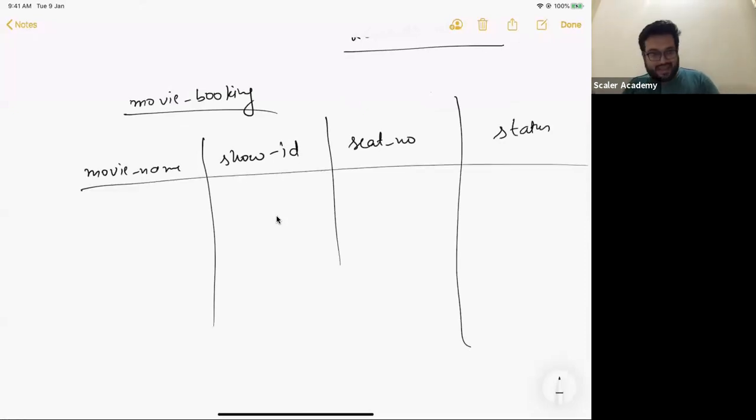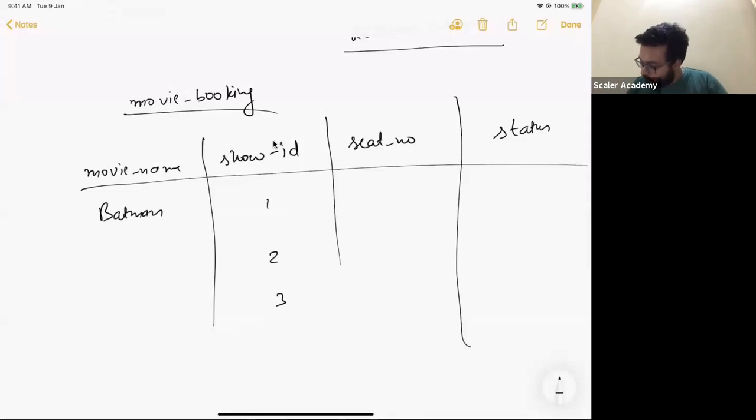Okay, so I will just take an example. Let's take any movie name, so let's say Batman. Let's say BookMyShow is selling tickets for Batman across multiple theaters, right? So you are actually saying across multiple show IDs. So let's say there is show ID 1, 2, 3, and so on for Batman.